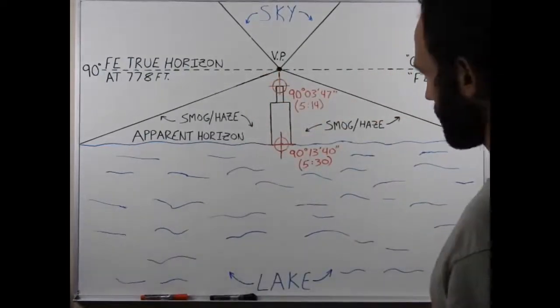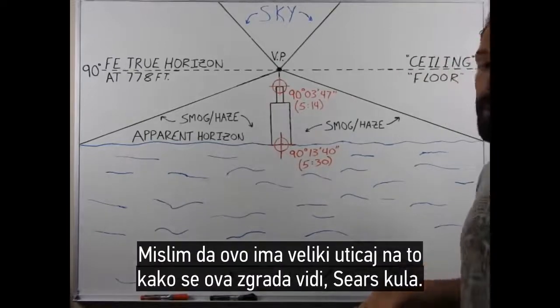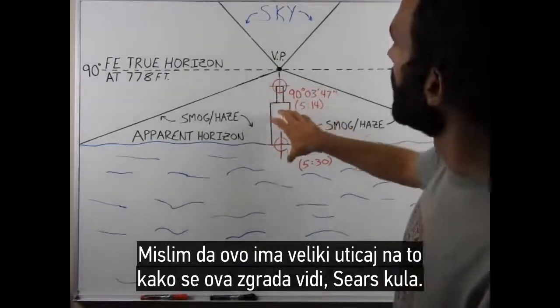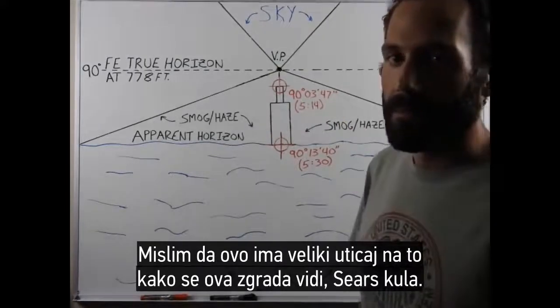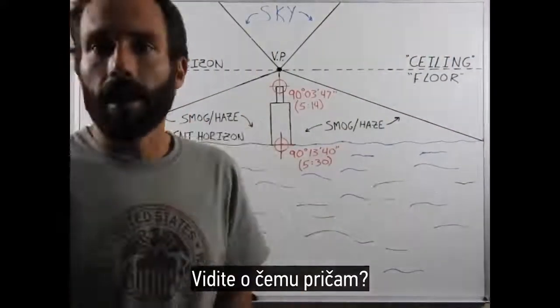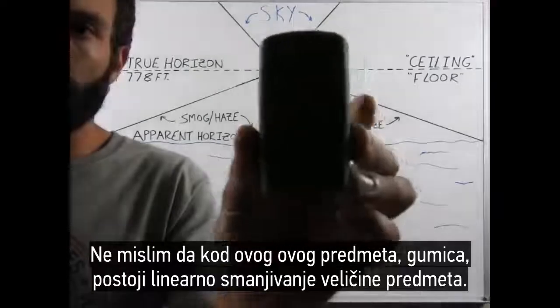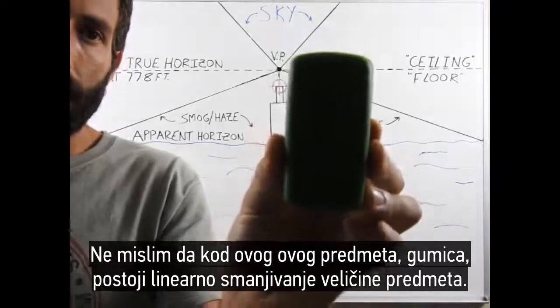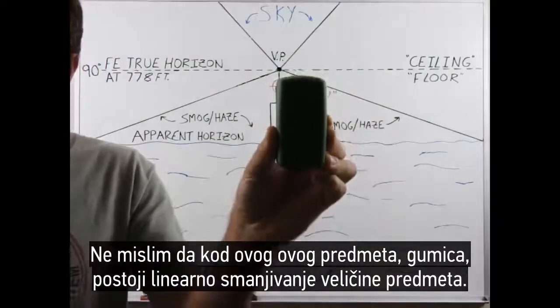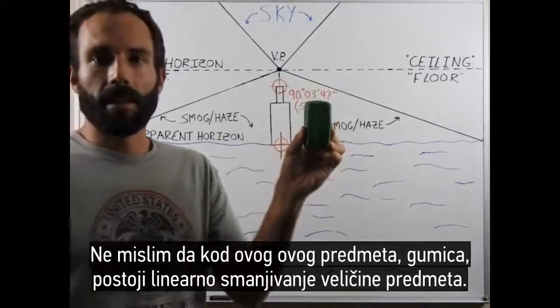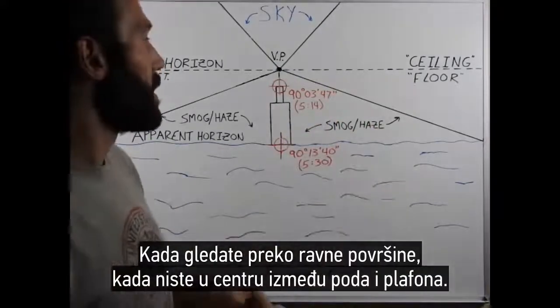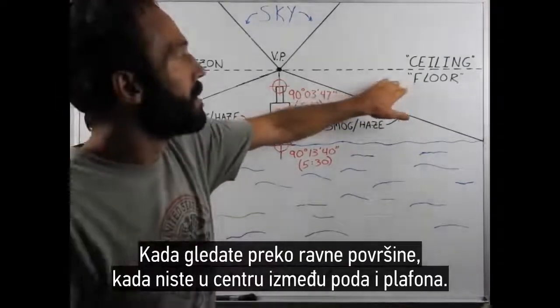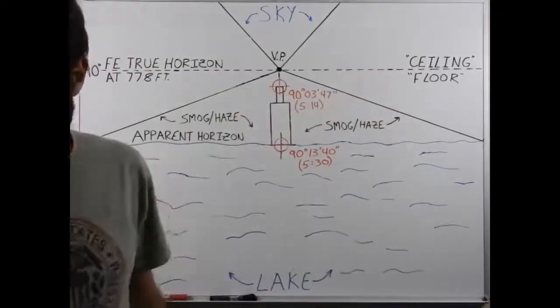And so, I think this has a very big effect on how this building, the Sears Tower, appears there. See what I'm saying? I don't think that, going back to this eraser, there's a linear decrease in the size of the objects when you're looking over a flat surface, when you're not centered between the floor and the ceiling. Okay?